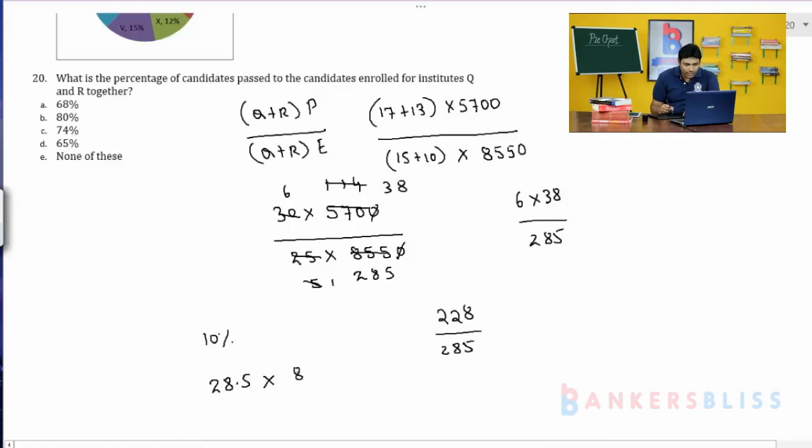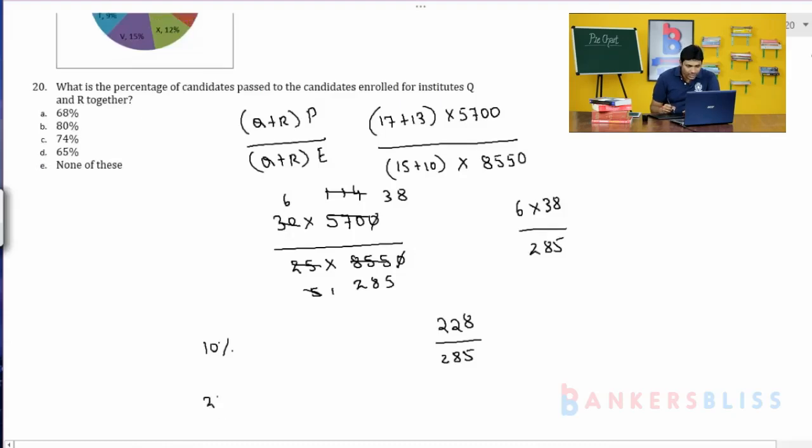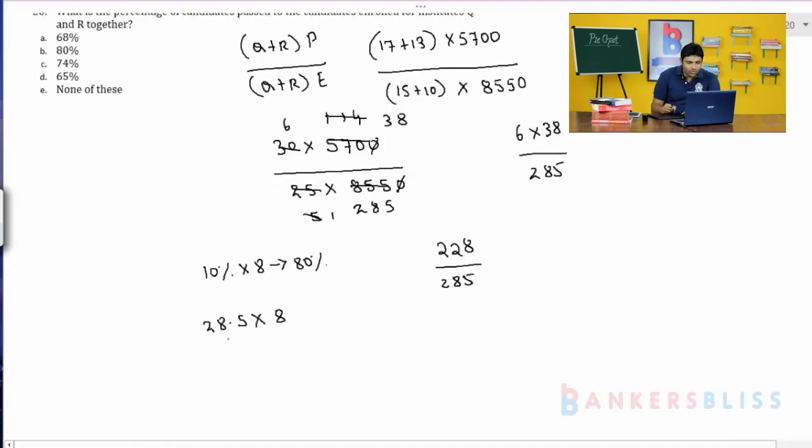So into 8, how much you will get? 8 5s are 40, 4 carry, 8 8s are 64 plus 4, 68, 8 carry, 8 2s are 16, 16 plus 8, 24, so 228. So it is very easy to calculate 80% among the options. So I am going for 80%, and 80% means 10% into 8. So 80%, how much you are going to get?